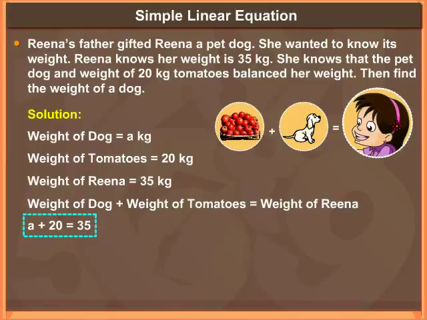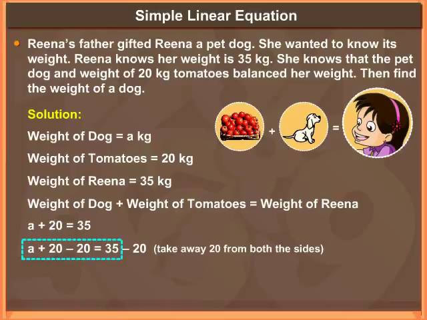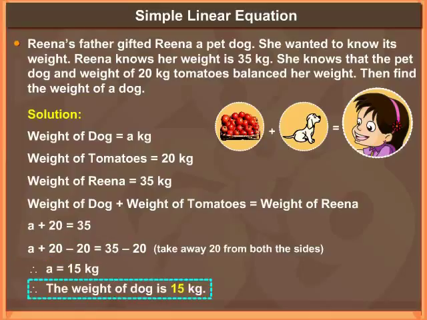To solve it, first we have to balance this equation. So take away 20 from both the sides. We get A plus 20 minus 20 equal to 35 minus 20. So we get A equal to 15. Therefore, the weight of the dog is 15 kg.